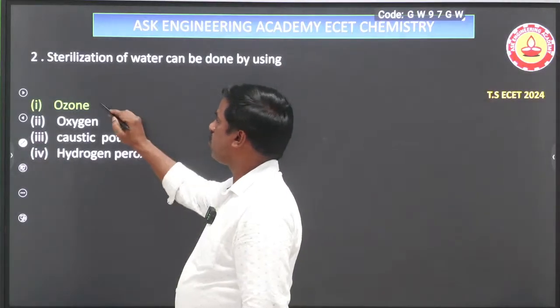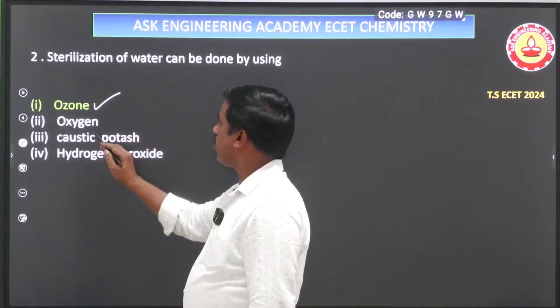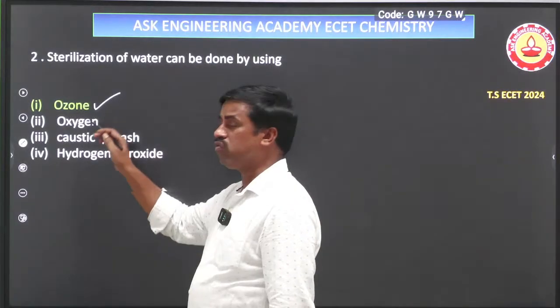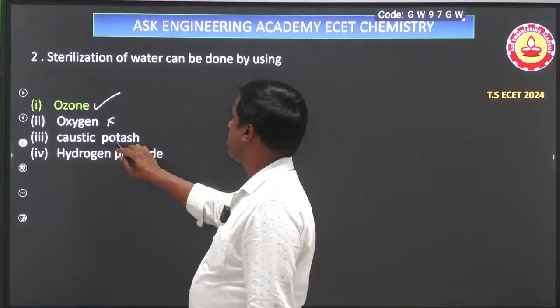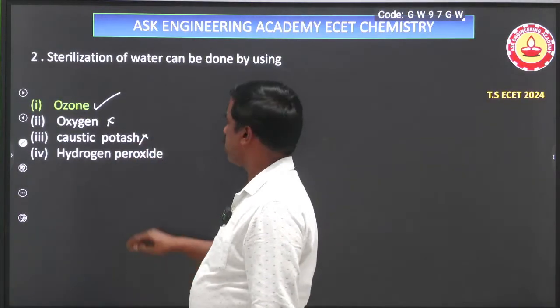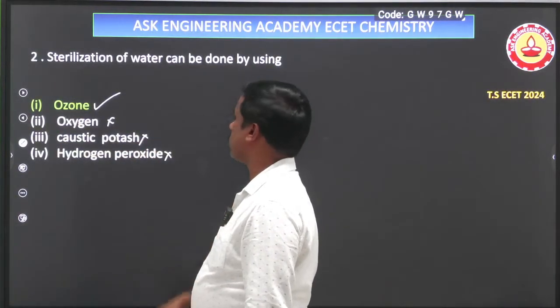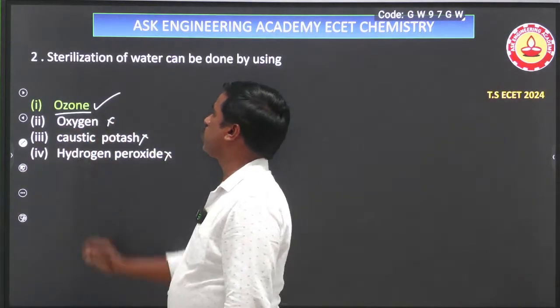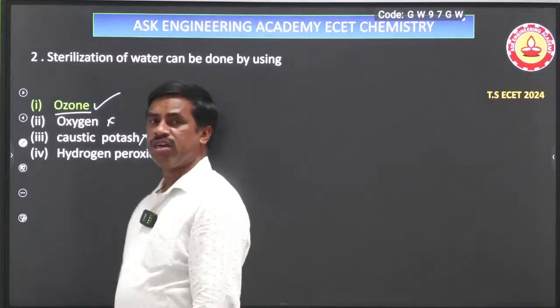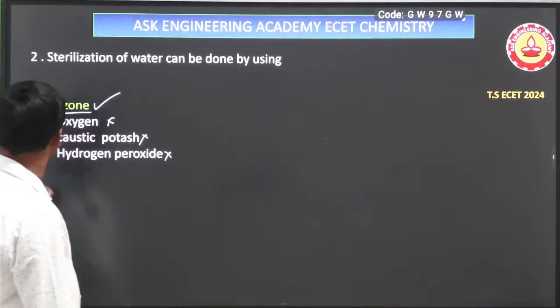Here one of the compounds, ozone, is given, that is the right option. Oxygen is not used, ozone is used. Caustic potash is also not used, this is a wrong option. Hydrogen peroxide is also a wrong option. Only the right option is ozone, which is going to kill the bacteria present in the water.